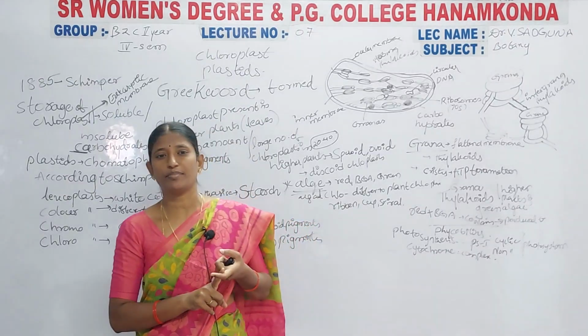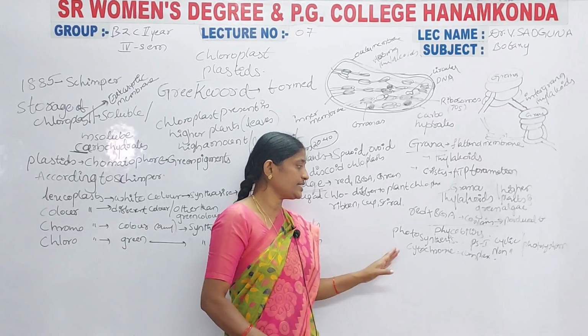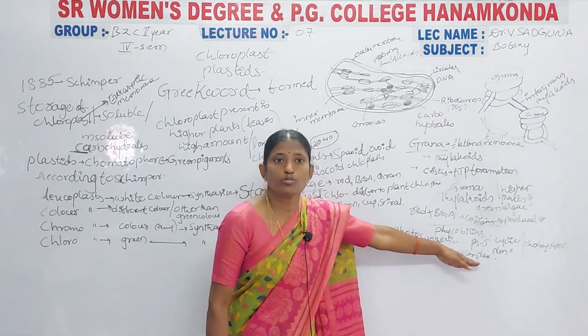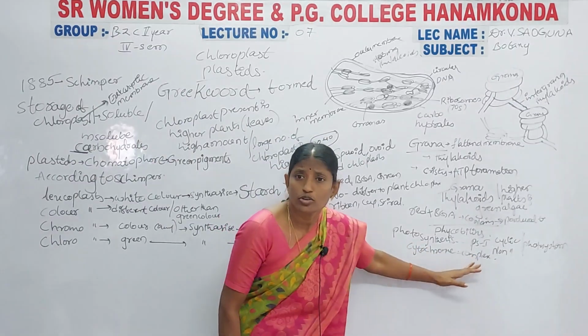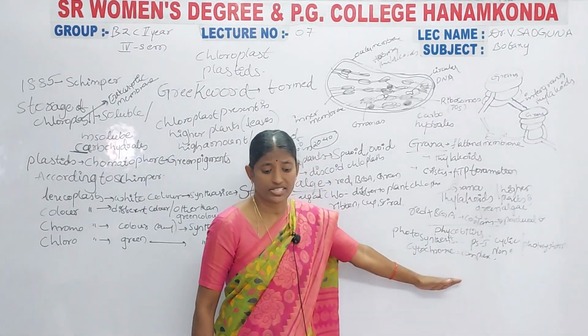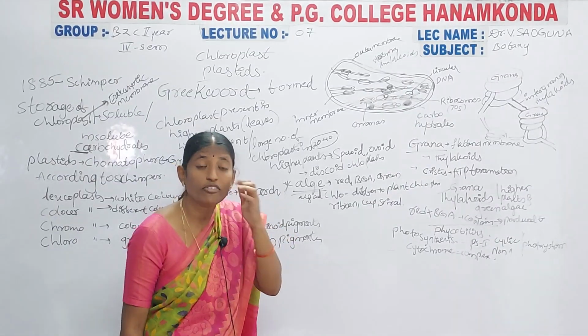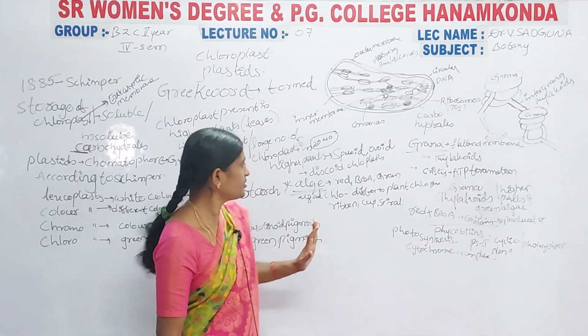These are the different types of cytochromes. So the grana has different types of cytochromes, such as cytochrome C, cytochrome B, or cytochrome F. Different reactions are also mentioned in the granas.